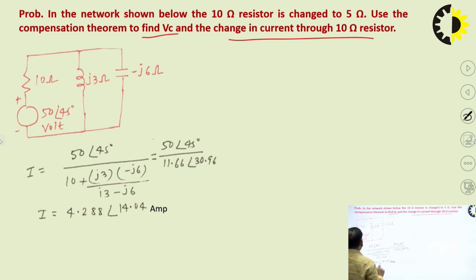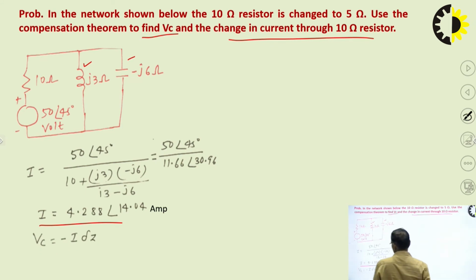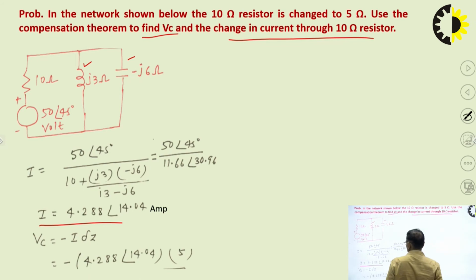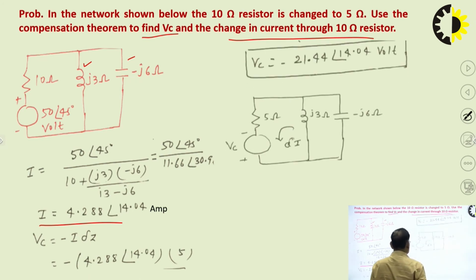Simple. They are in parallel. This and this are in parallel, and they are in series with this. So this current. Then find the value of Vc, that is I minus I into delta Z. Draw the new circuit. This is the circuit required for the compensation theorem.